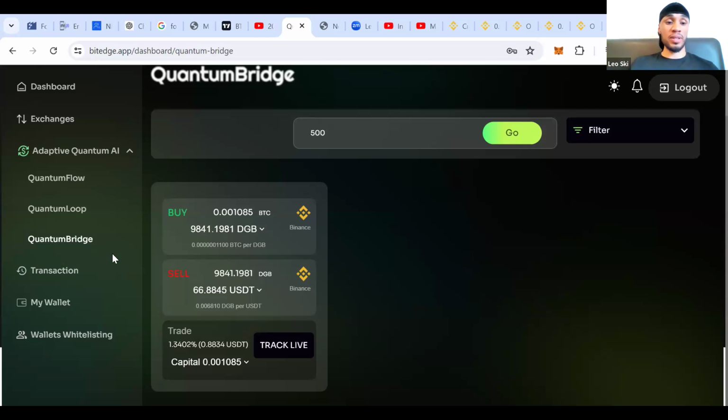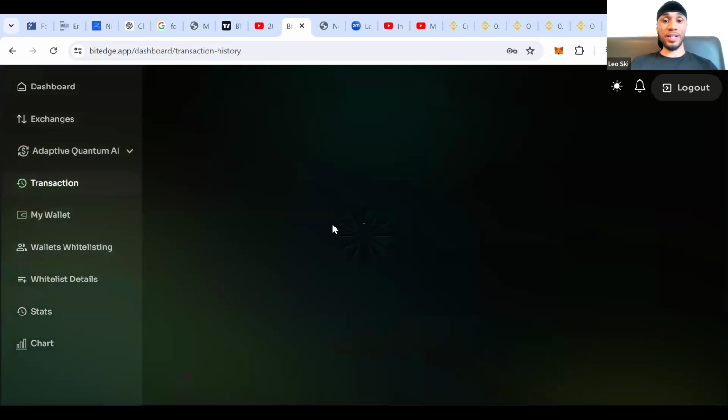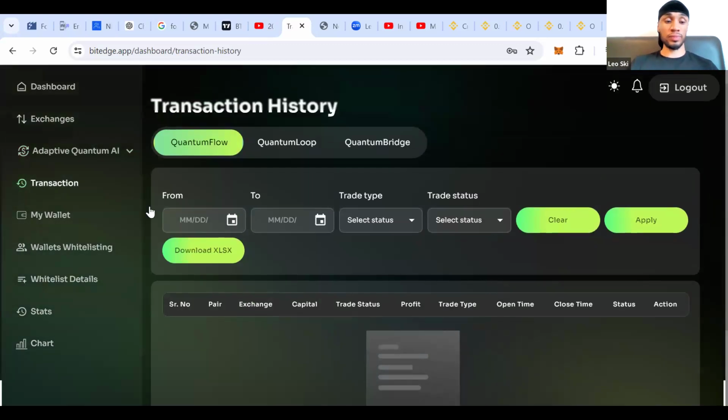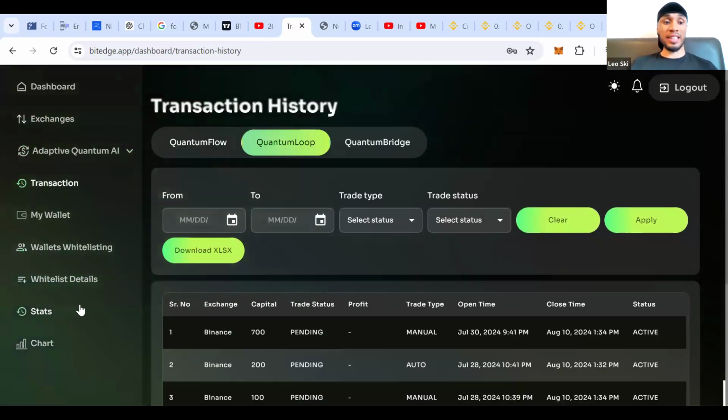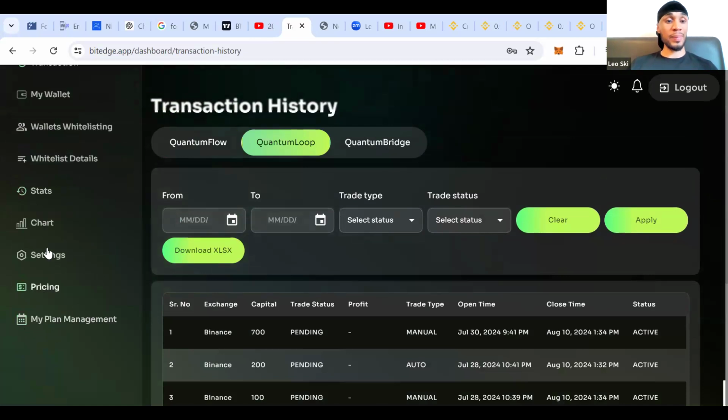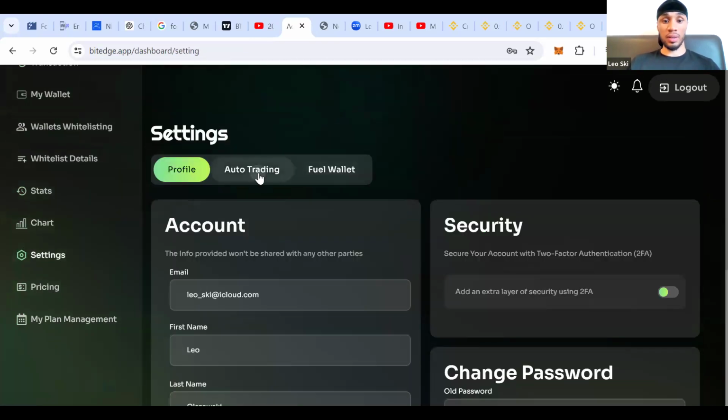Now, the other thing that you need to consider that I just wanted to touch on is that when you're in your transactions, okay, and if you have your smart limit mechanism switched on, you go into settings, auto trading.